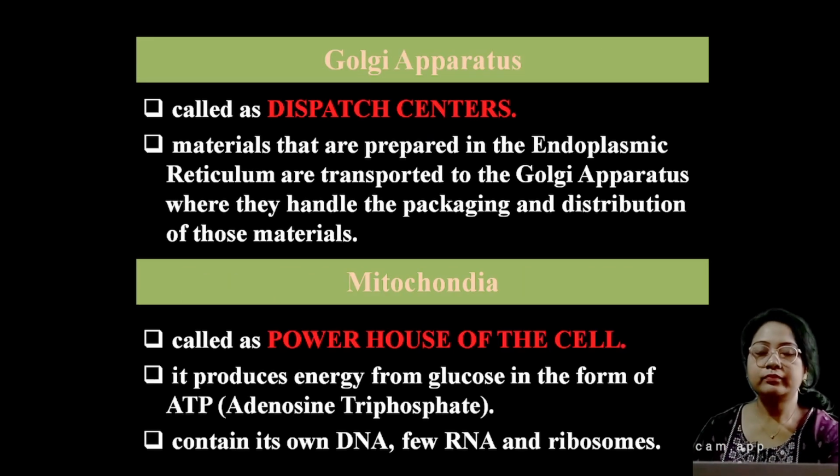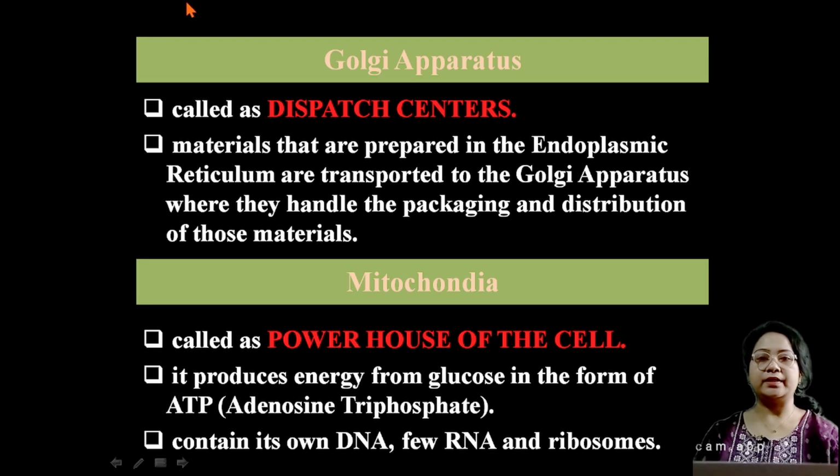Then next comes the Golgi apparatus. Golgi apparatus are also called dispatch centers, and materials that are prepared in the endoplasmic reticulum are transported to the Golgi apparatus, where they handle the packaging and distribution of those materials. So the Golgi apparatus are the dispatch centers.